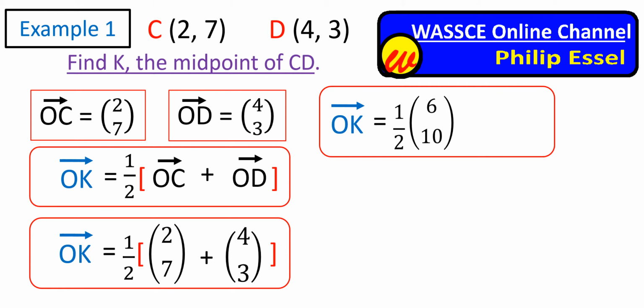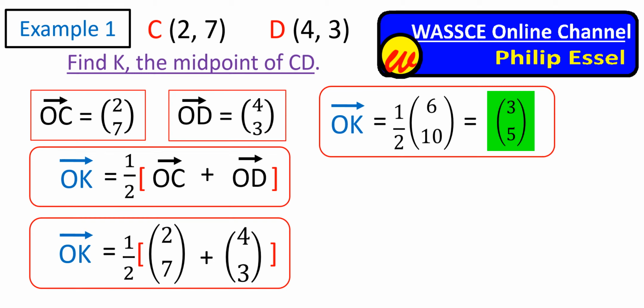So we now have the scalar half multiplying the vector (6, 10), and when we do this we would get the vector (3, 5). So the position vector OK is equal to (3, 5).